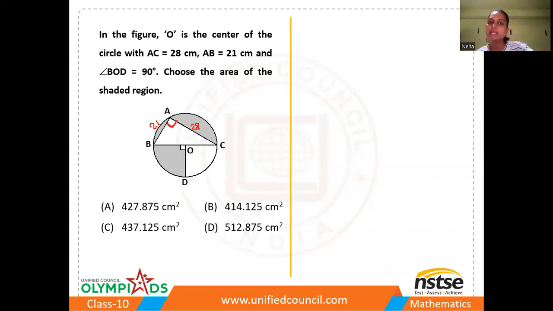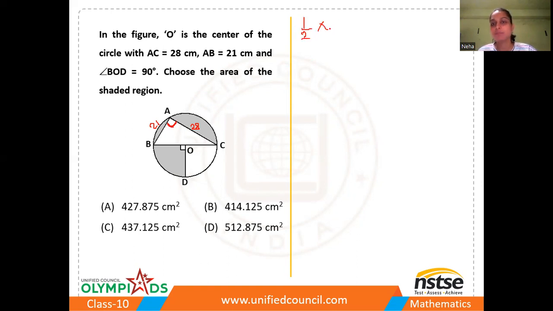Angle BAC is also equal to 90 degree, and if angle BAC is 90 degree, that means this is a right angle triangle, so I can easily find out the area of the right angle triangle, correct?